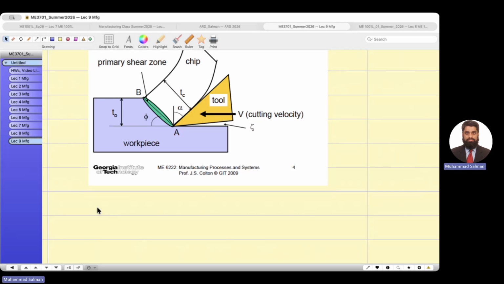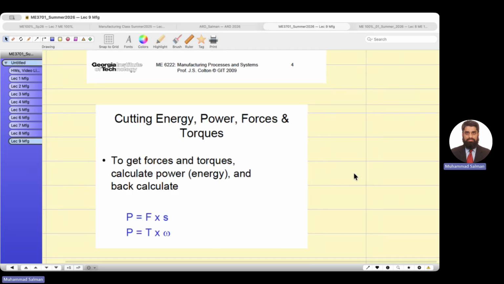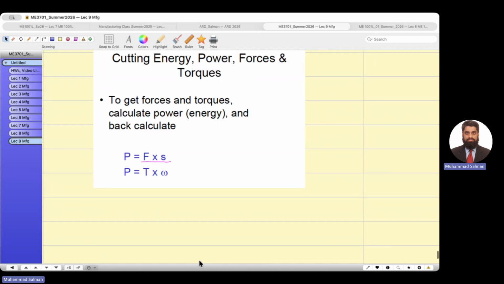The cutting energy and the power: power equals force times velocity, correct? So here, power equals force times speed, or power equals torque times omega. You should know these basic formulae. And energy per unit volume can be obtained using the area under the stress-strain curve.